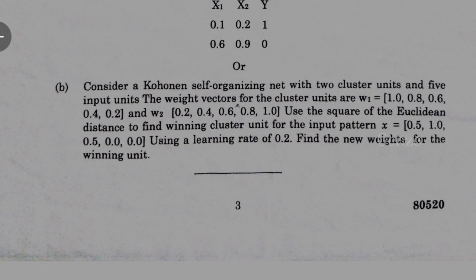Use the square of the Euclidean distance to find the winning cluster unit for the input pattern x equal to 0.5, 1.0, 0.5, 0, 0, using a learning rate of 0.2. Find the new weights for the winning unit.